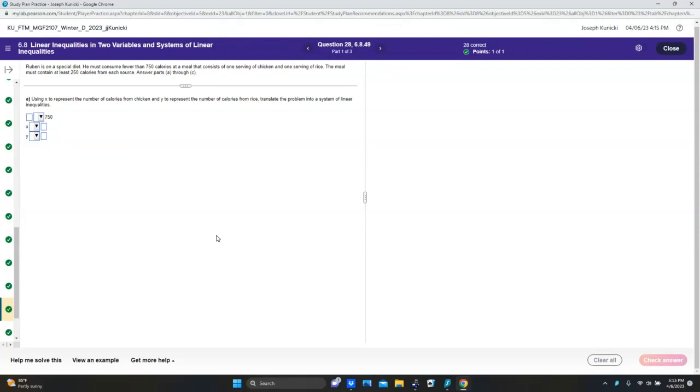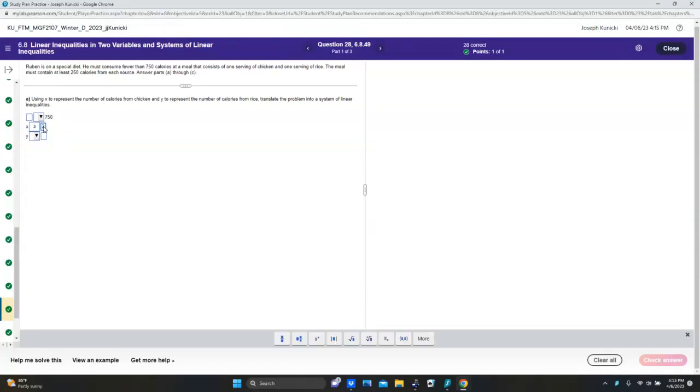the calories from rice. So I can answer the second two pretty easy. Both of those, it says they have to have at least, so that's greater than or equal to 250, at least. Right? That's how we read that. Now, the first part's obvious now because he must consume fewer than 750 calories.